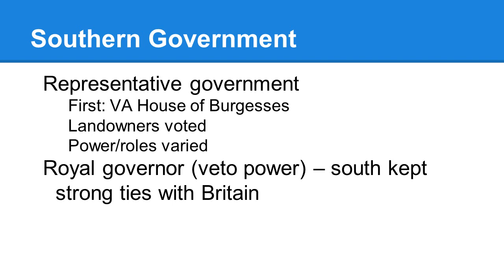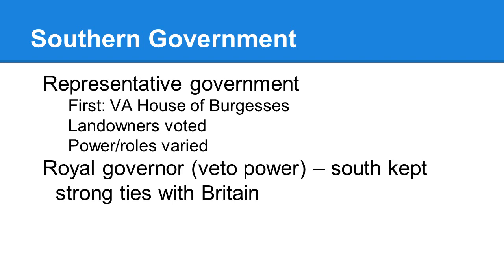But from the very beginning, that royal governor, he was selected by the king. So he had more power than anybody, and he was allowed to veto anything that came out of the Virginia House of Burgesses. So the South kept very, very strong ties with Britain in the early 1700s.